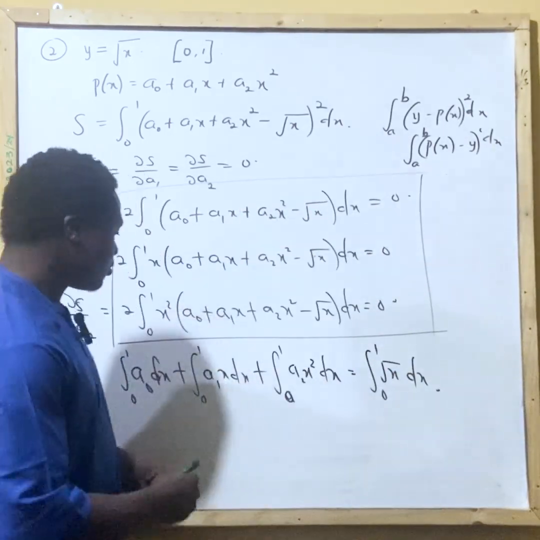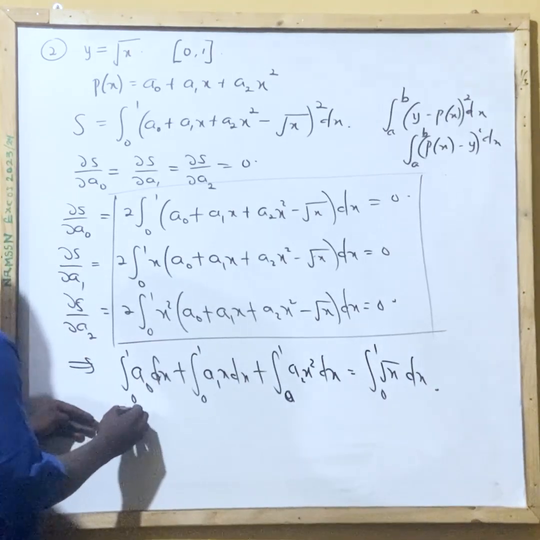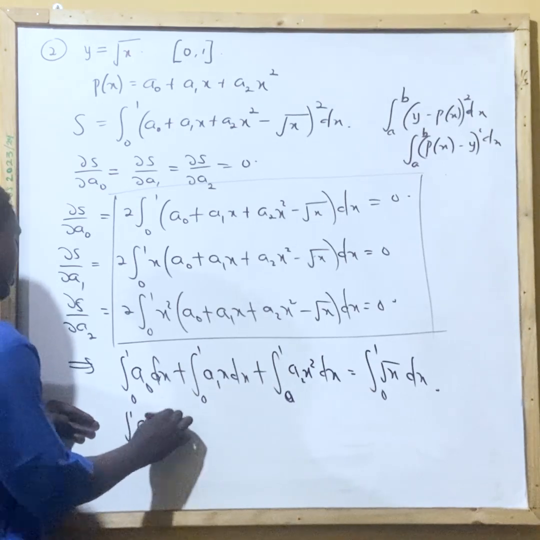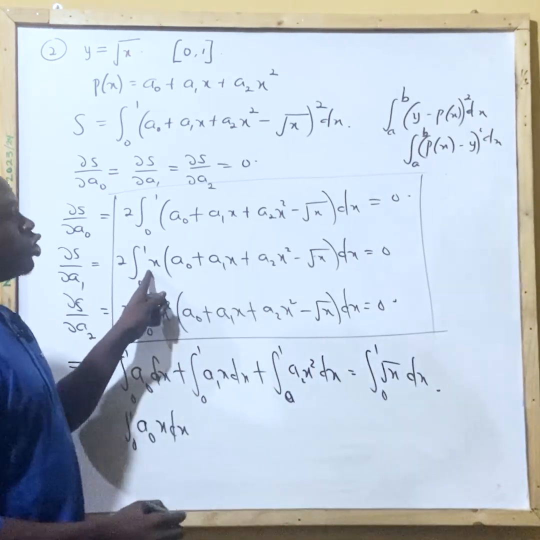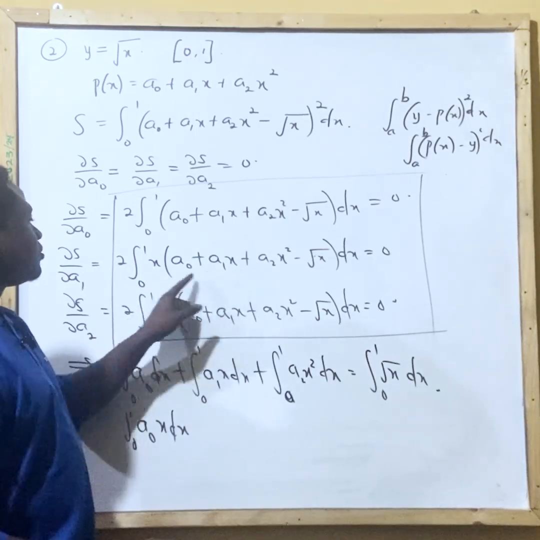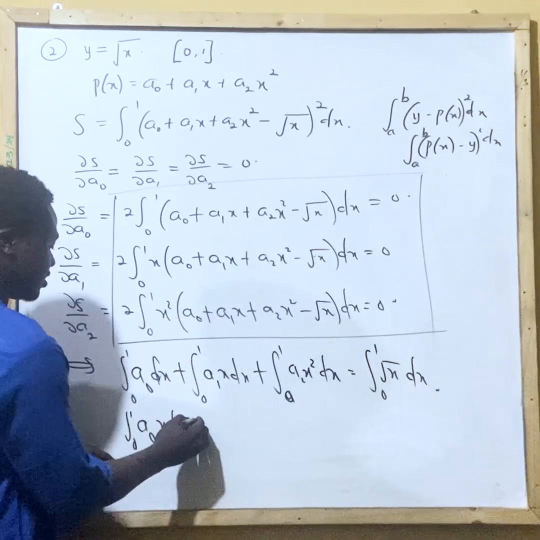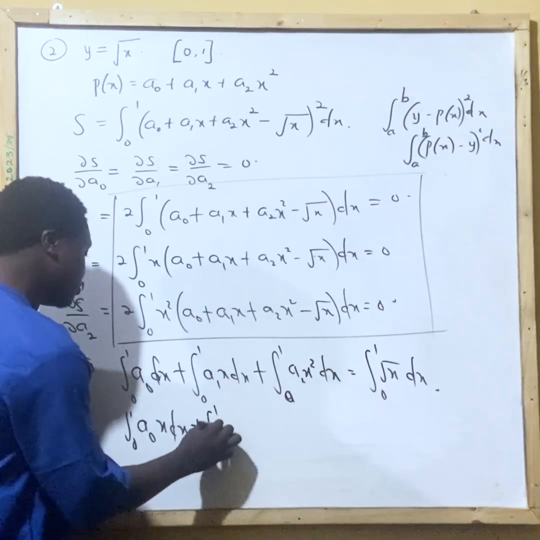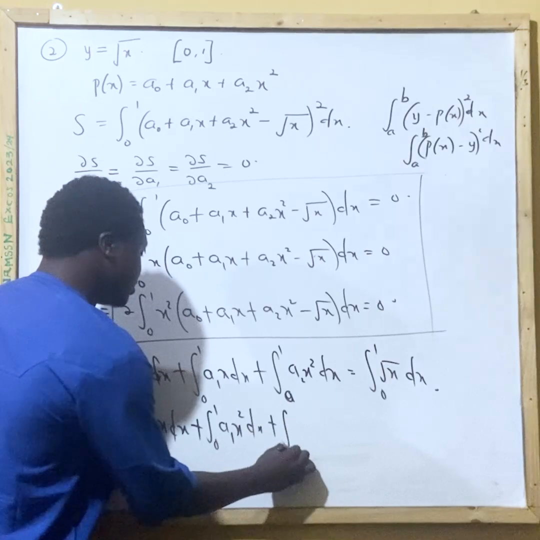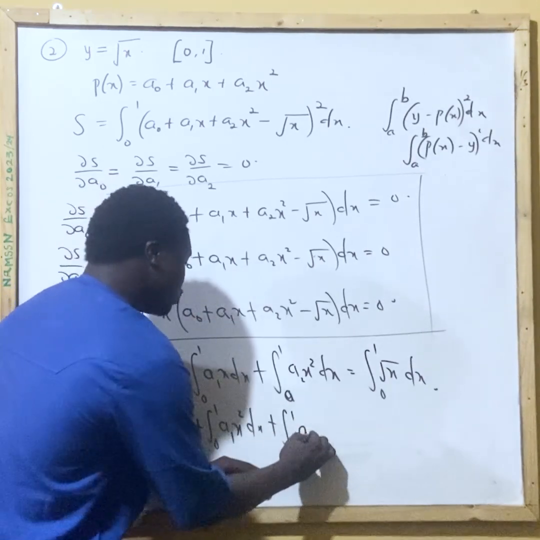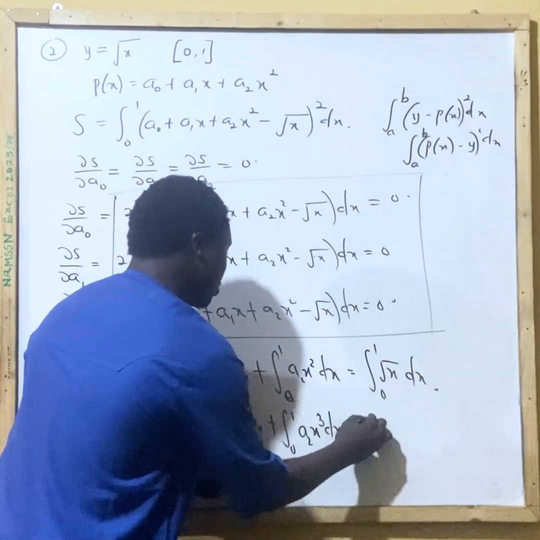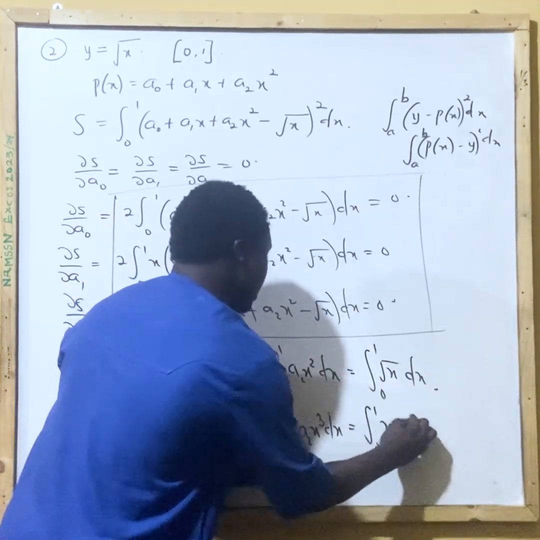For the second equation, I'll have integral 0 to 1 a naught x dx. I'm multiplying all through by x, so I have x a naught, a1 x squared, a2 x cubed. So integral 0 to 1 a1 x squared dx plus integral 0 to 1 a2 x cubed dx equal to integral 0 to 1 x root x dx.